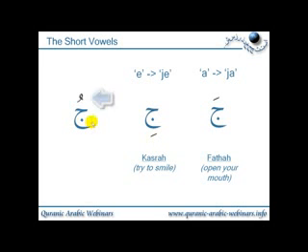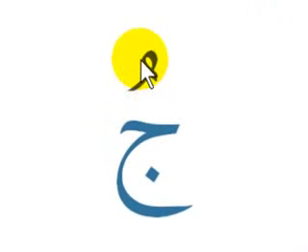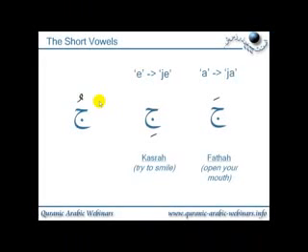And the third short vowel marking is this small sign which we've drawn above the letter Jim, and it's a small loop with a tail going down, and it looks like a small vowel, but it's actually a short vowel. It gives the sound oo to a letter, so Jim with this small symbol becomes Ju.